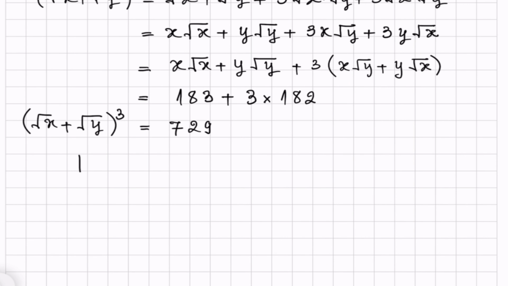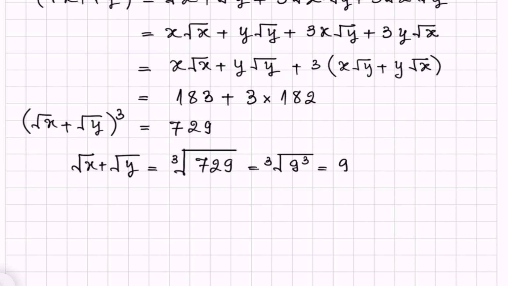Then we will get square root of x plus square root of y equal to the cube root of 729, which is equal to 9 cubed, then equal to 9. So now we got the value of square root of x plus square root of y equal to 9.